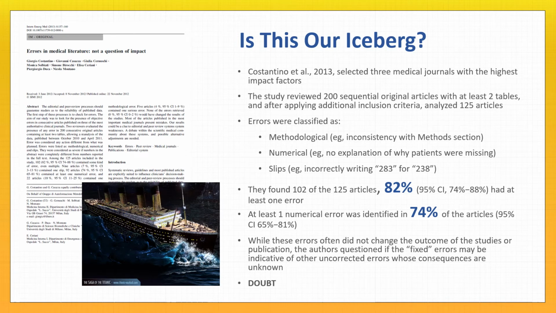What they found was that 102 of the 125 articles contained at least one error. That's an error rate of 82%. In the same set of papers published across 3 medical journals, which I should have mentioned.